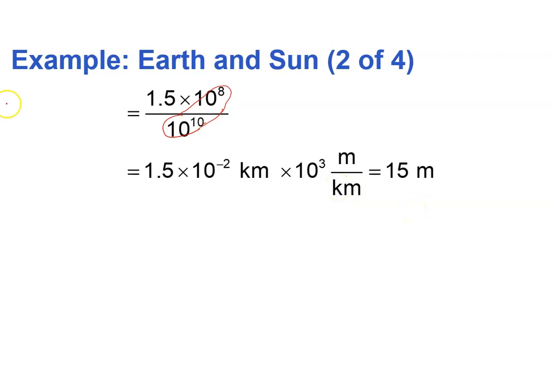Okay, and remember we talked about how 1,000 meters is equal to 1 kilometer. And so this number right here is 10 to the 3rd because we've got 3 zeros. So 10 to the 3rd meters per 1 kilometer.